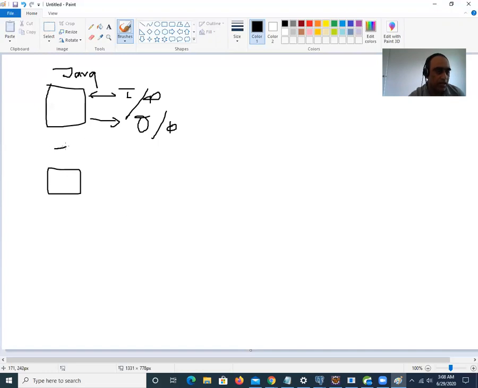So this is Java class B. Somebody wrote Java class B. He gave us input, and then got us output. Yes, Java is object-oriented programming. It drives you to write programs using object-oriented principles.